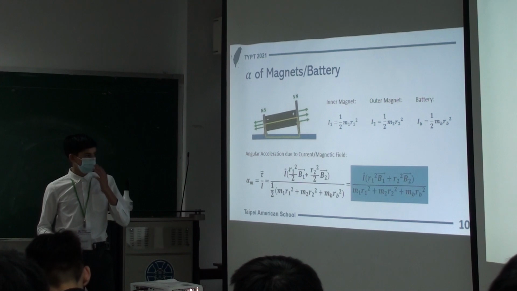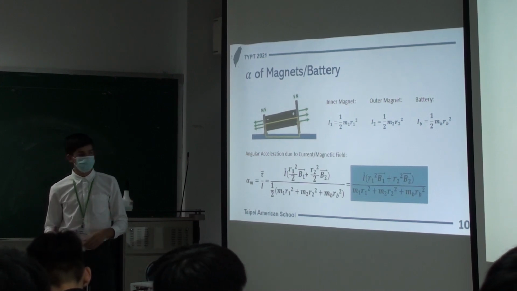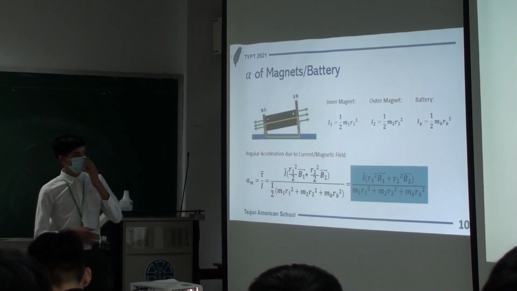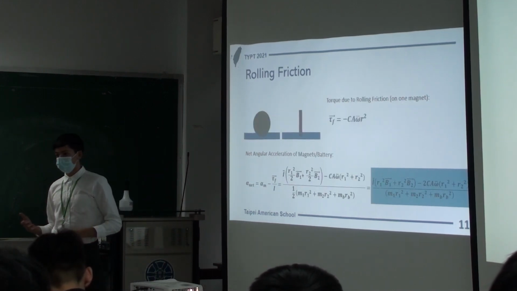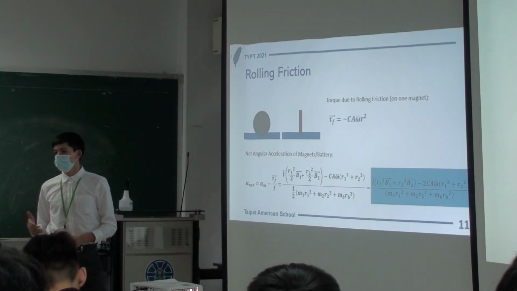The numerator is the torque that we showed in the last slide, and the denominator is the moment of inertia, which we summed for the inner and outer magnets in the battery. We also need to account for rolling friction, because rolling friction is the torque that's opposing the motion.